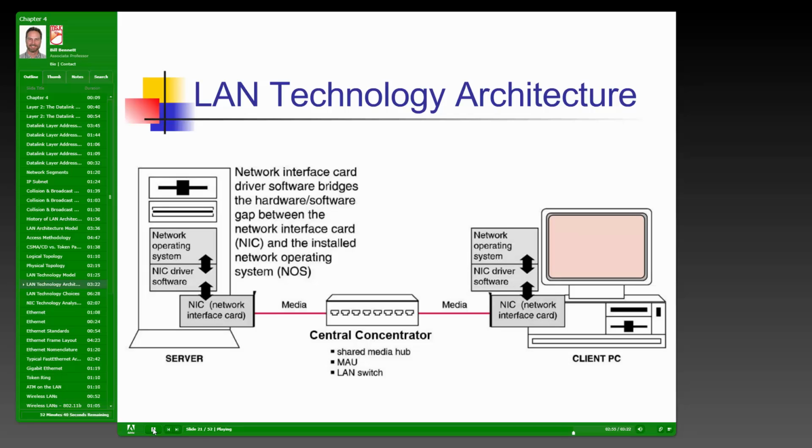And of course the data link layer at the receiving NIC is going to determine whether the destination MAC address does indeed match its own MAC address. And if not, ignore it, but if so, go ahead and continue processing, meaning using the network card's driver, send that message up to the network operating system on the receiving machine, and then of course the network operating system and whatever application is running on the receiving end can go ahead and process the message.